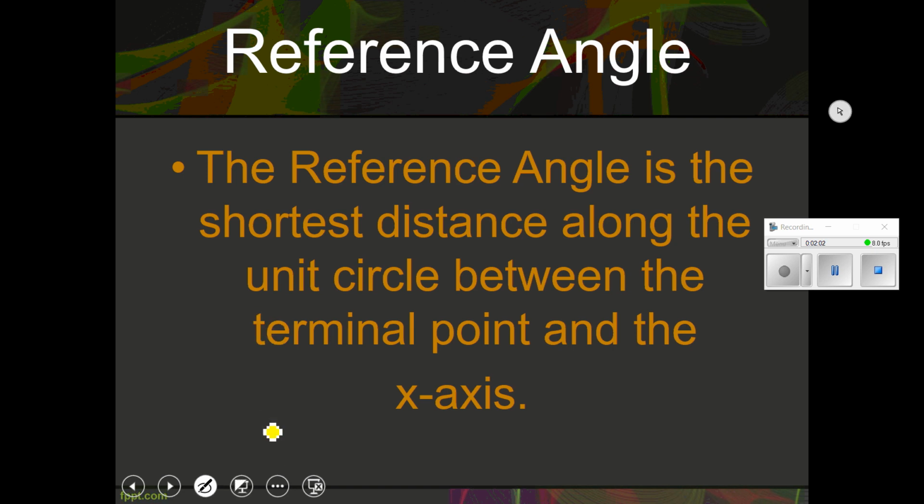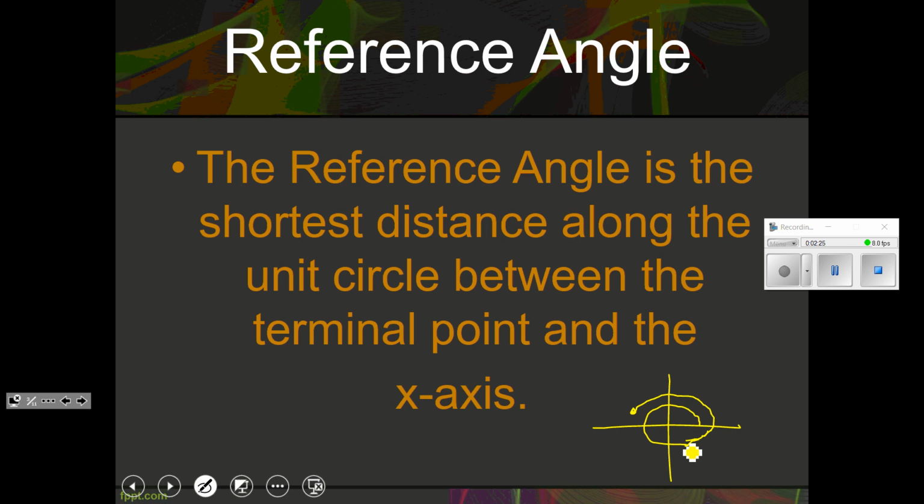So if I rotate, let's just say I start here, and I rotate around and around, and I end over here. What am I talking about? If the reference angle is the shortest distance from the terminal point to the x-axis, where would the reference angle be?